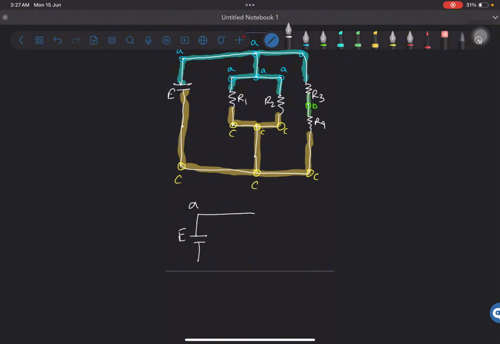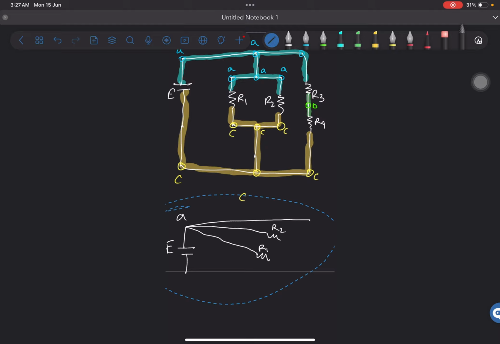From A we have R1 and R2 as well as R3. So what do we need to do? We need to actually do 3 over here, R1, and then R2, and then R3. So we draw R1, we draw R2, and then we draw, sorry, let me move it a bit to the left.